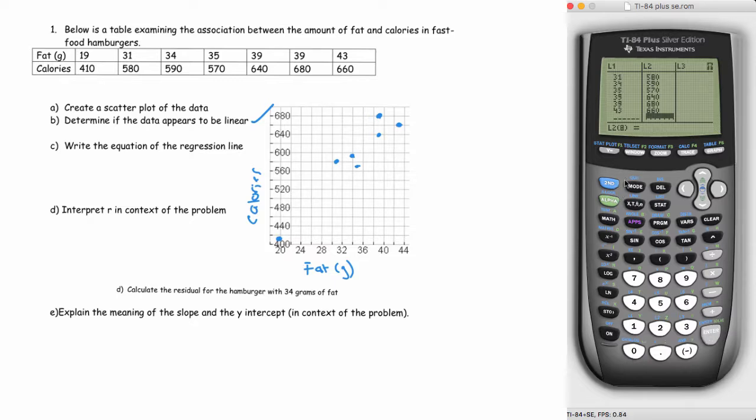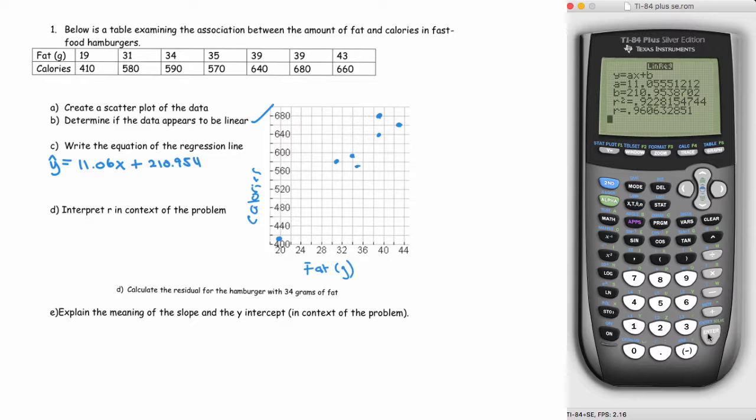You get y hat equals 11.05, let's say 11.06 x plus the y-intercept, which is 210.954. And there's our regression equation.